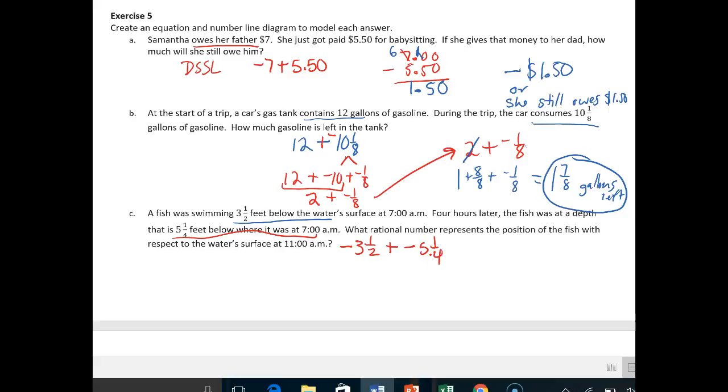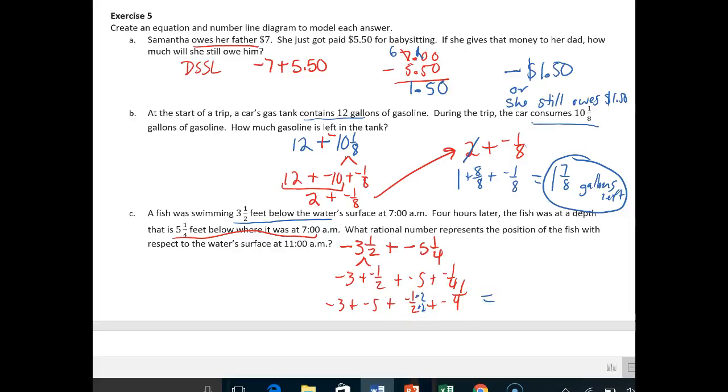Let's quickly try and solve it together. So break it apart, negative 3 plus negative 1/2 plus negative 5 plus negative 1/4. Use the commutative property, so negative 3 plus negative 5 plus negative 1/2 plus negative 1/4. Let's find common denominators by multiplying this by 2.